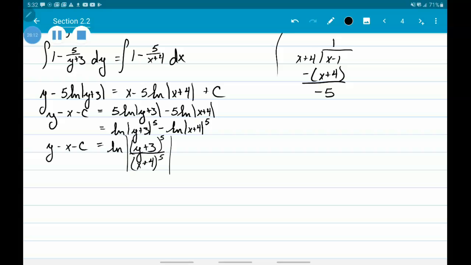Now let's rewrite it as exponentials. The base is e, the exponent is y minus x minus c, and that's going to be equal to all this fun stuff: y plus 3 to the 5th over x plus 4 to the 5th.